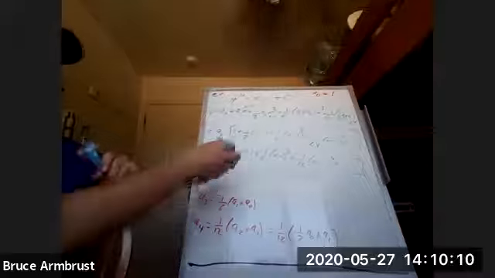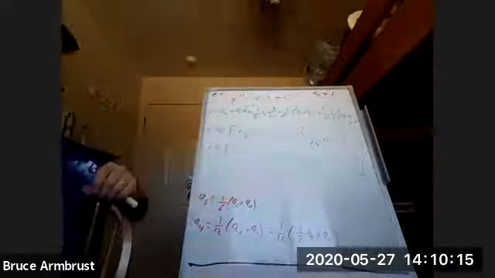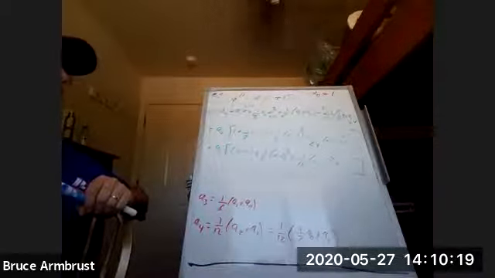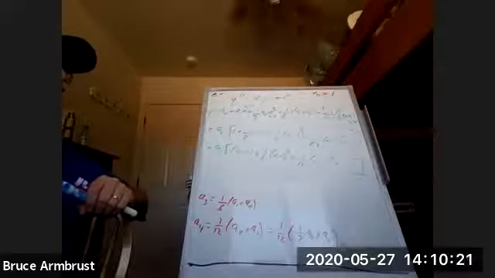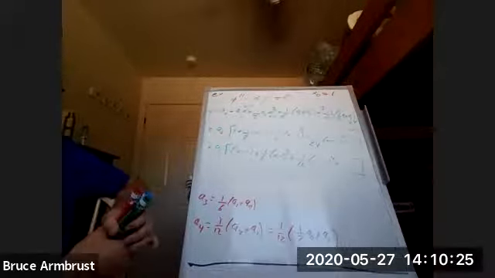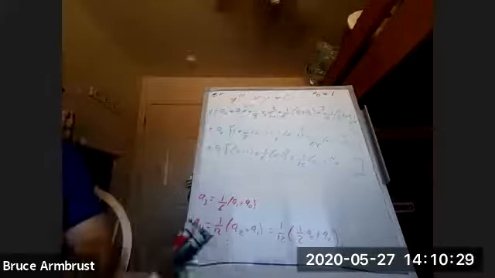I know this one looks like we're getting factorials, 2 factorial, 3 factorial, 4 factorial. That pattern dies on the next guy. But the point of this is we centered it somewhere else and it made it way more complicated.